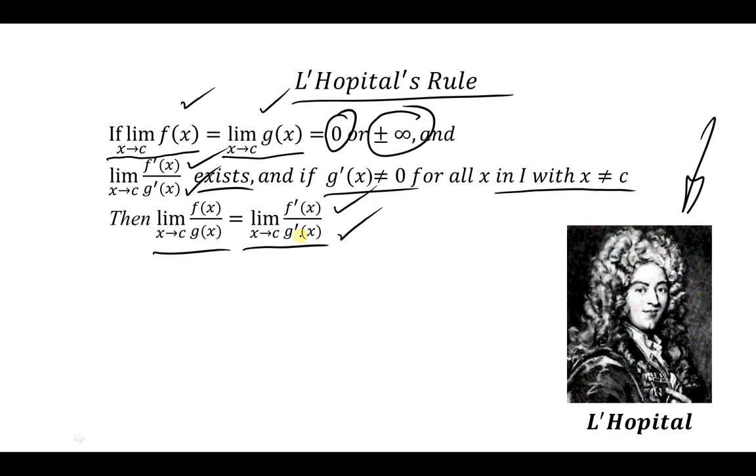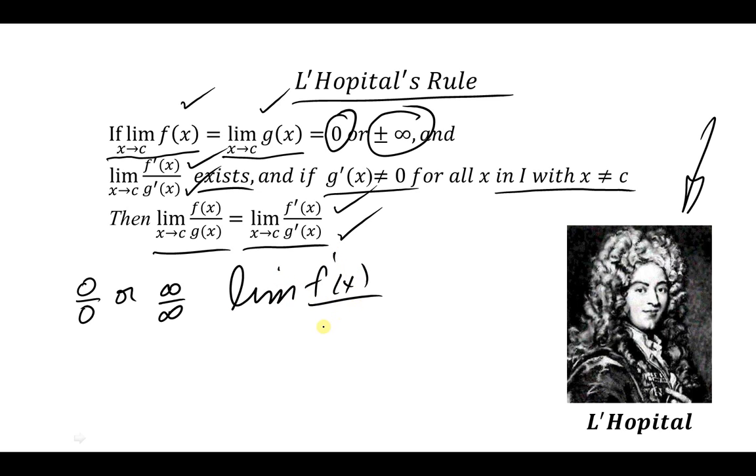Now, this is a very powerful rule, and it simply means if you first take the limit of f of x and g of x and get 0 over 0 or infinity over infinity, then you go ahead and look at the limit of f prime of x over g prime of x.